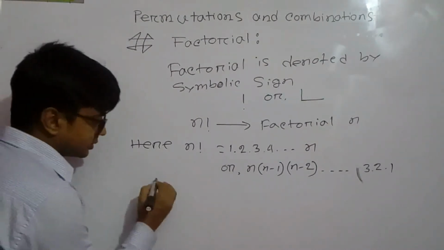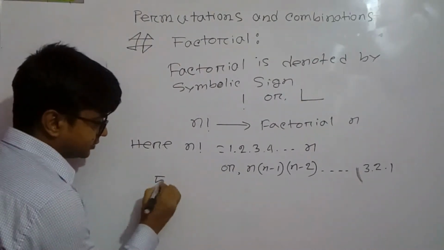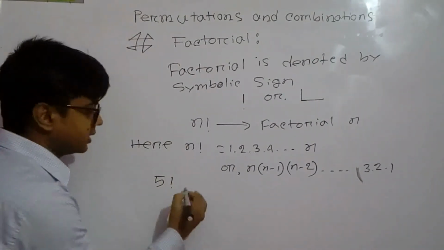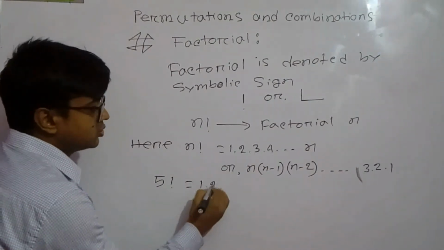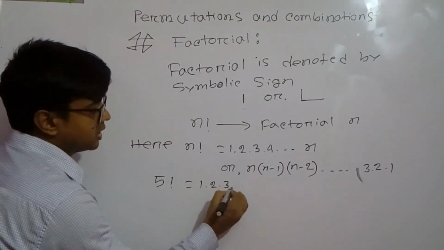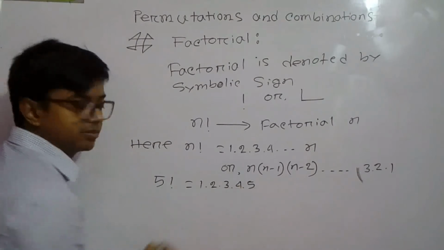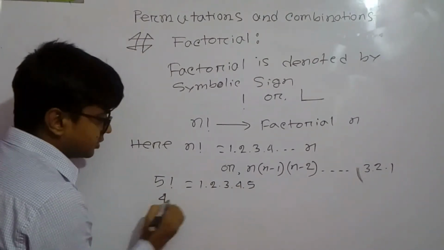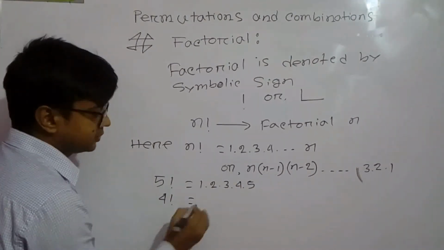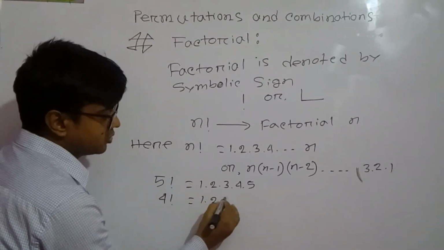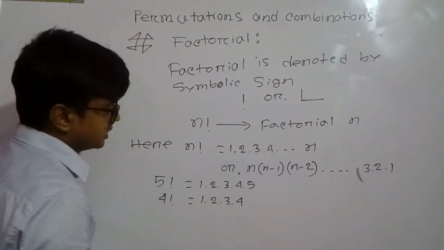For example, factorial 5 equals 1 into 2 into 3 into 4 into 5, and factorial 4 equals 1 into 2 into 3 into 4.